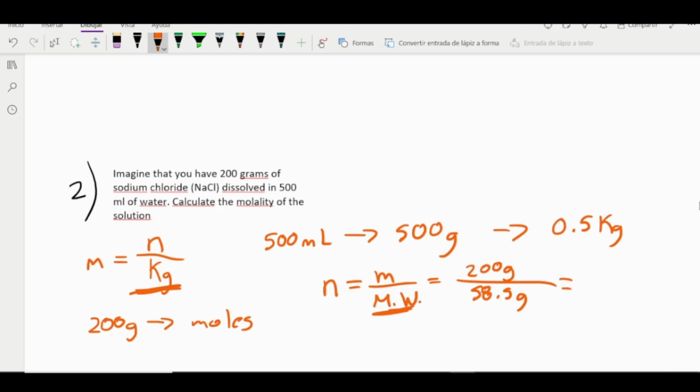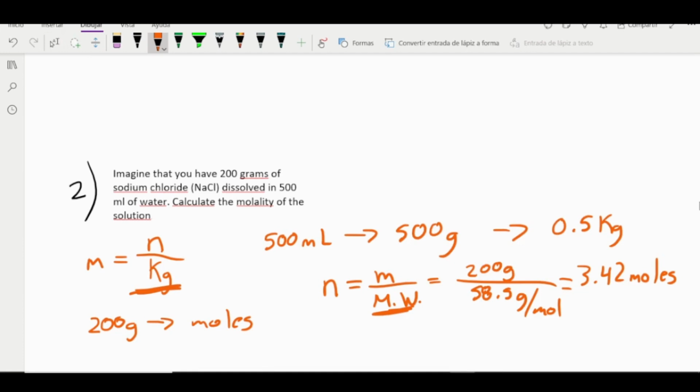When you apply this, the result, let me calculate it here, is 200 divided by 58.5, and it's 3.42 moles. Here, grams over mole are the units of the molecular weight.